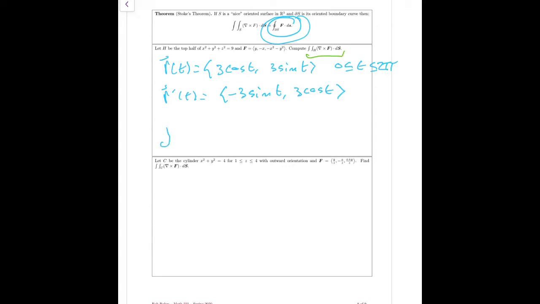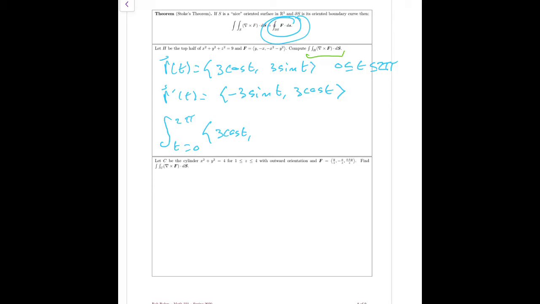And so the line integral of the vector field is the integral from t equals 0 to 2 pi. The vector field is f, so the first component is y, which is 3 sine t.